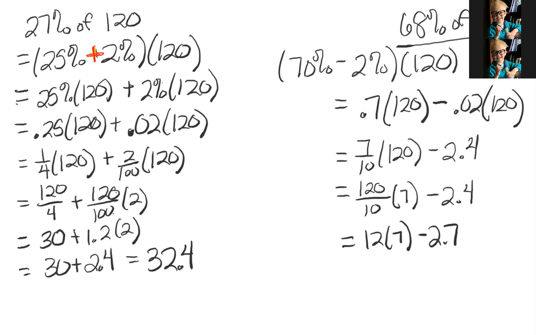12 times 7, give everybody a minute to remember their 12s facts. 84 minus 2 7/10. And now you like this also right here. Now think about your subtraction strategies. Don't jump right now to 84 minus 2.7 and then having to do all of this crossing out.